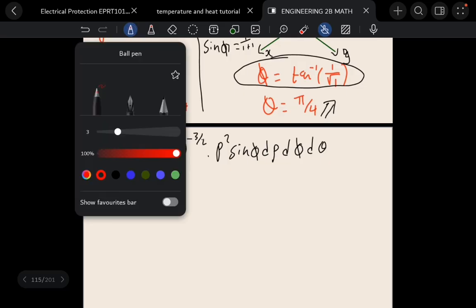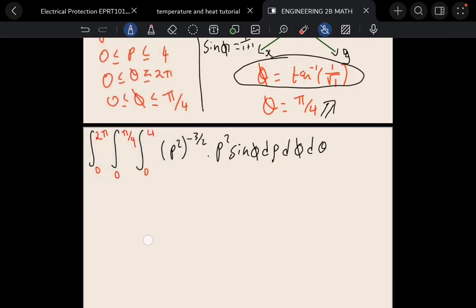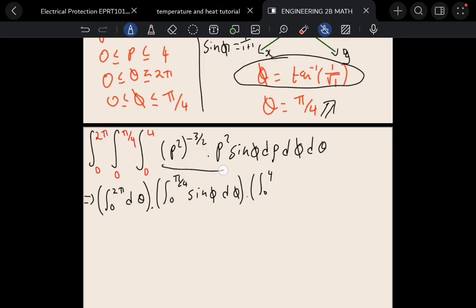So again, evaluating this, you don't need the whole mathematics. Just group the terms: 0 to 2 pi d theta, since there is no function of theta, 0 to pi over 4 sine phi d phi, and then 0 to 4. Now let us look at the maths here.